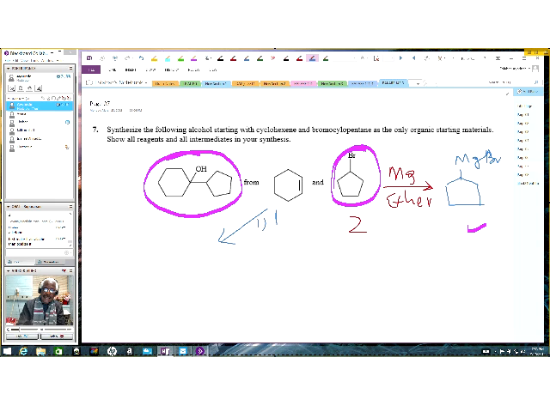I will give you some help here. There are so many reagents you can use, but you could use borane followed by hydronium ion, and that will give you your alcohol.